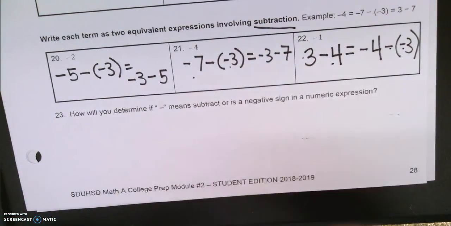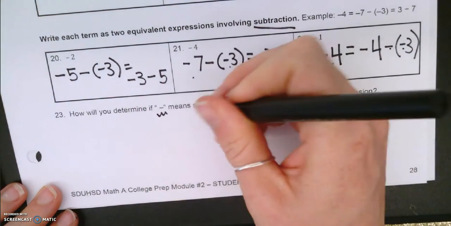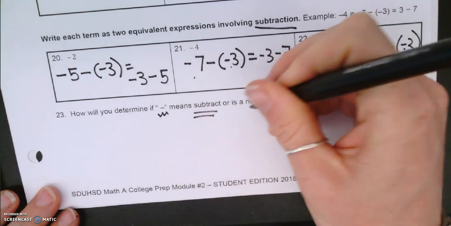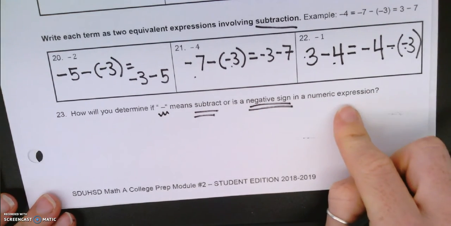So how would you determine if the negative means subtract or if it's a negative sign in a numeric expression?